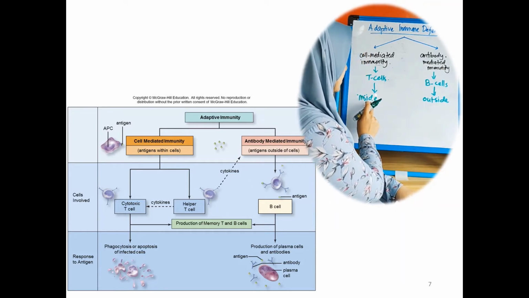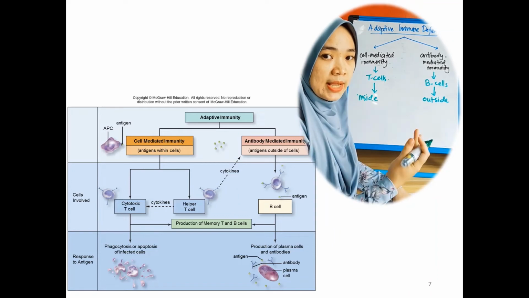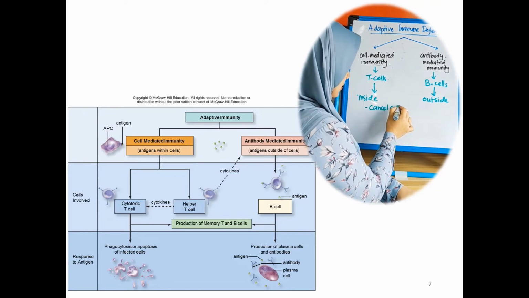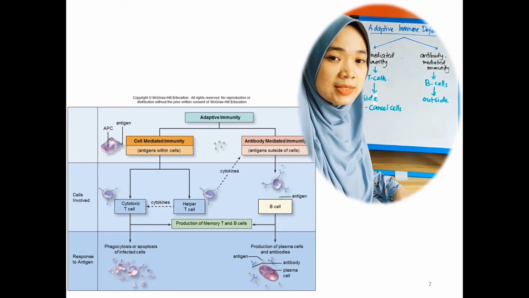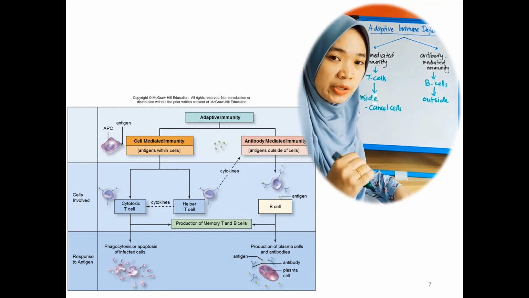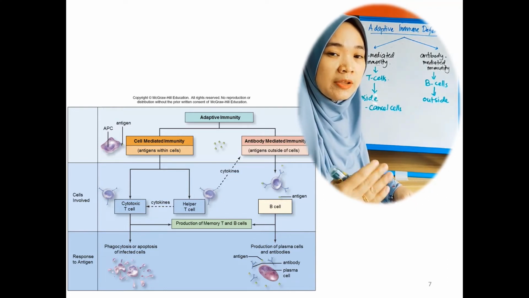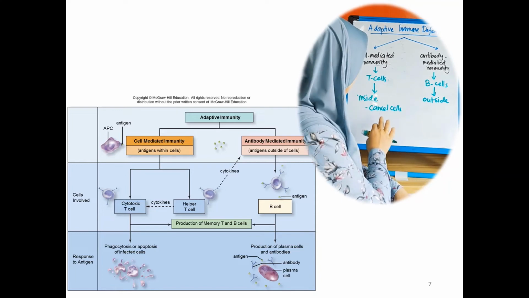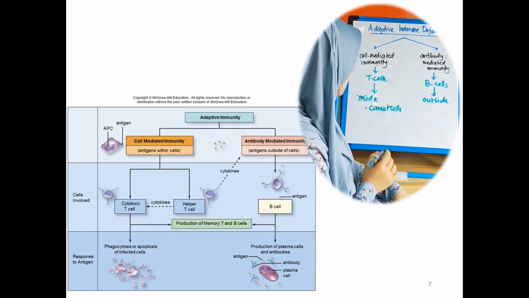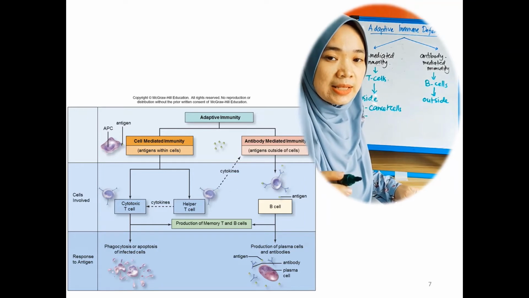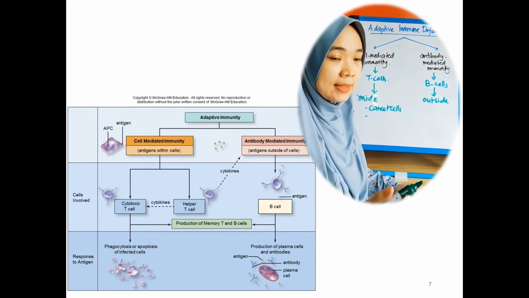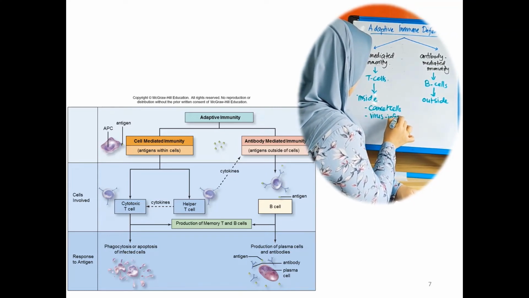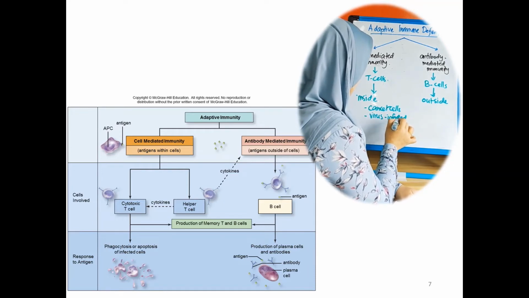So what is an example of antigen from inside the body? It is cancer cells. Cancer cells are cells that come from our body, our own cells that proliferate extremely and make cancer. And also cells that are infected by a pathogen or virus, virus-infected cells.